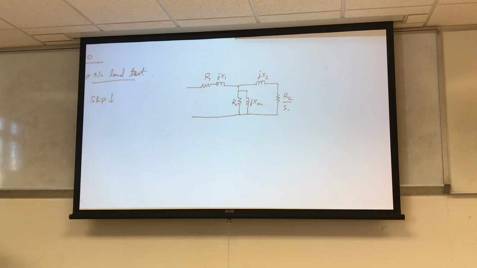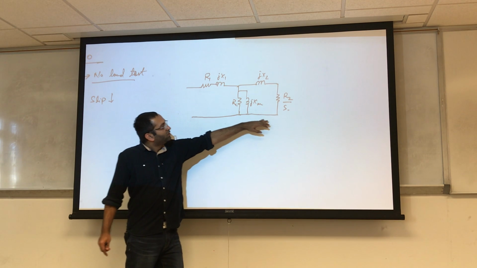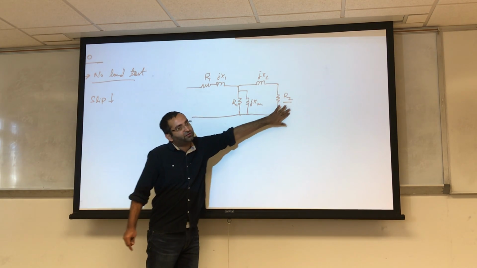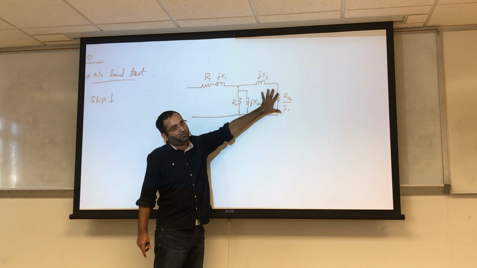Okay, so this is the total equivalent circuit of the induction motor. When the slip is very low, we can consider this resistance is very high. So we can consider this part as open circuit.